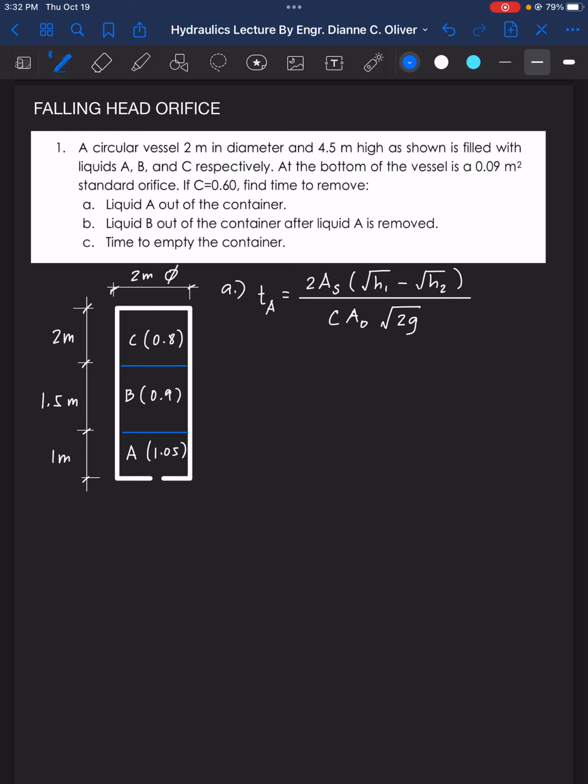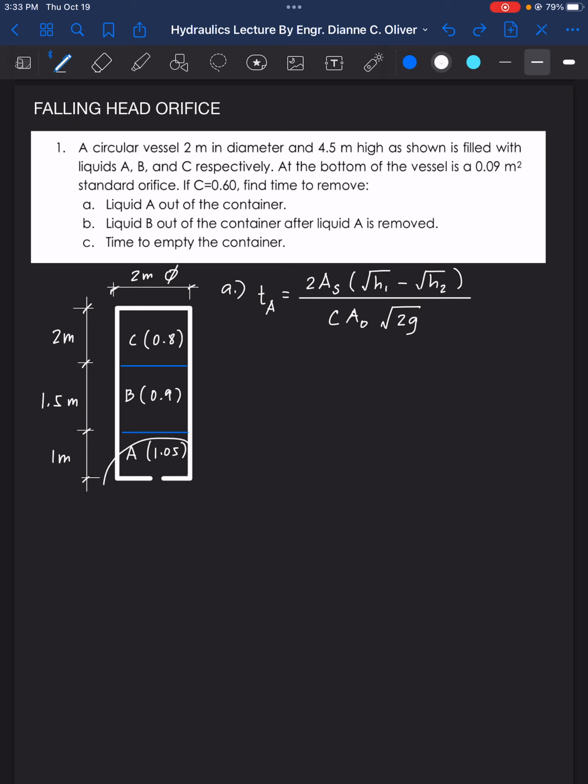Okay, but how do we deal with a vessel containing different kinds of liquid? We first need to make it uniform, so we will convert the system into a singular liquid, liquid A. So how do we do that?